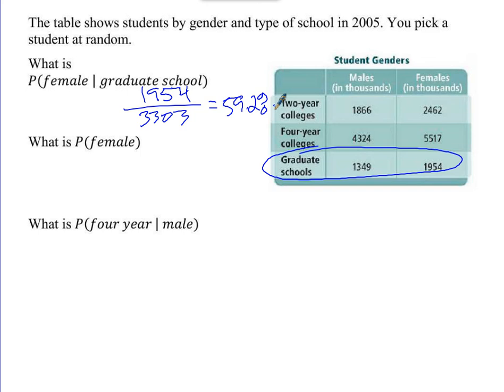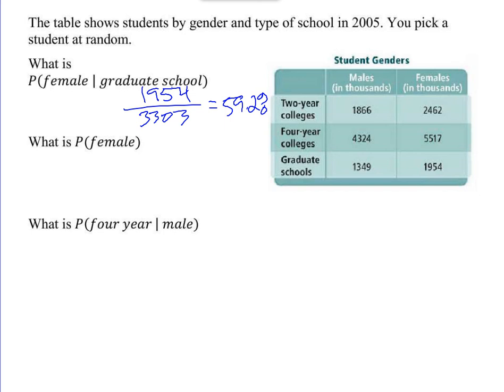Okay, what is the probability that the person that we randomly select is female? How do we do that? We need to find out, yes, it's all the females divided by all of the people.